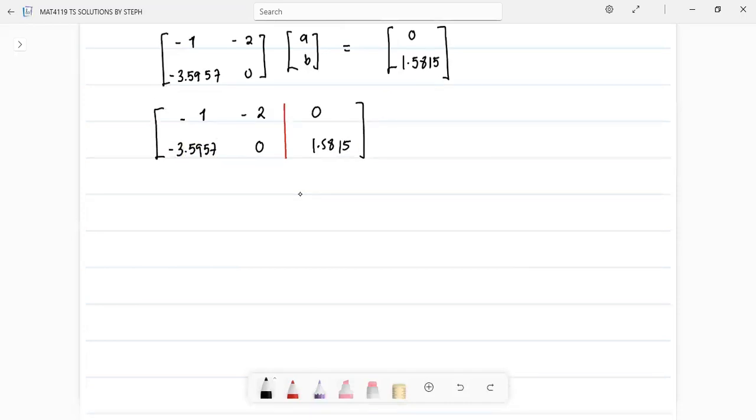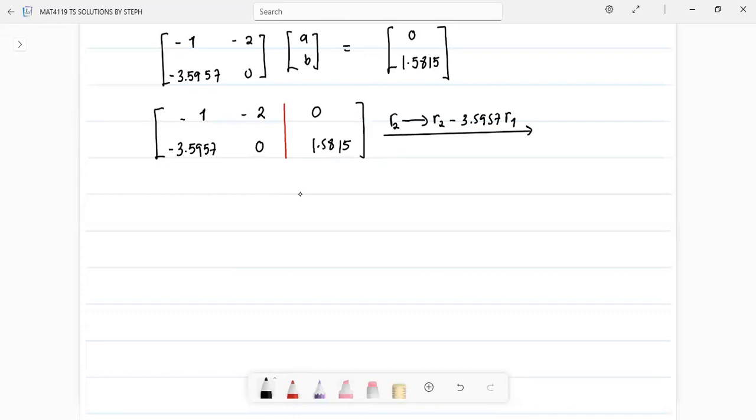So my row operation will be: row 2 becomes row 2 minus 3.5957 times row 1. How do you do this?